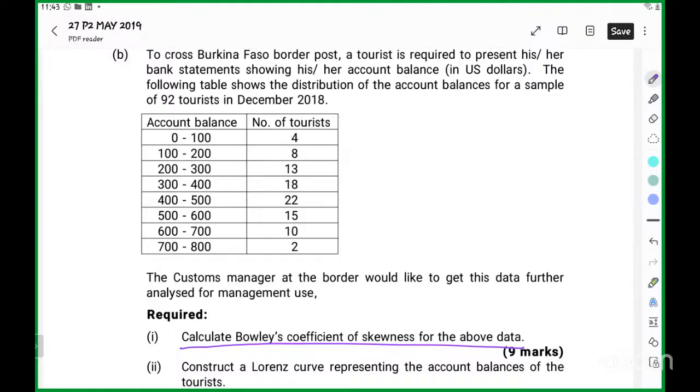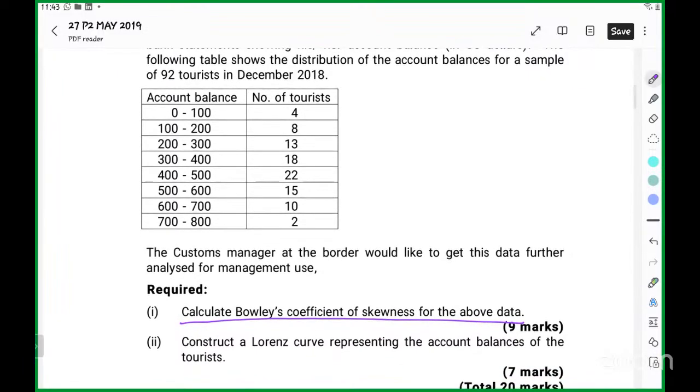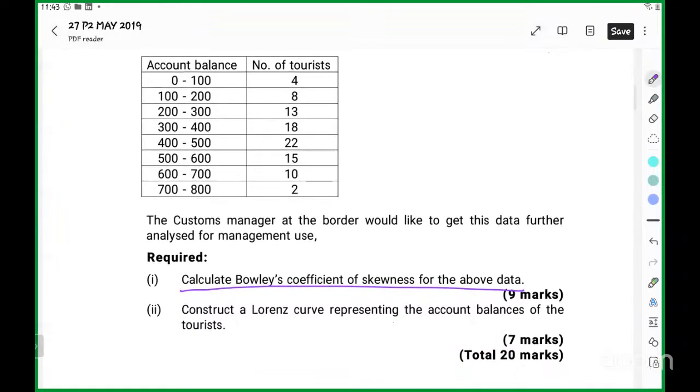To cross Burkina Faso border post, a tourist is required to present his or her bank statements showing his or her account balance in US dollars. The following table shows the distribution of the account balances for a sample of 92 tourists in December 2018. So they give us the account balances 0 to 100, 100 to 200, and the last being 700 to 800, including the number of tourists.